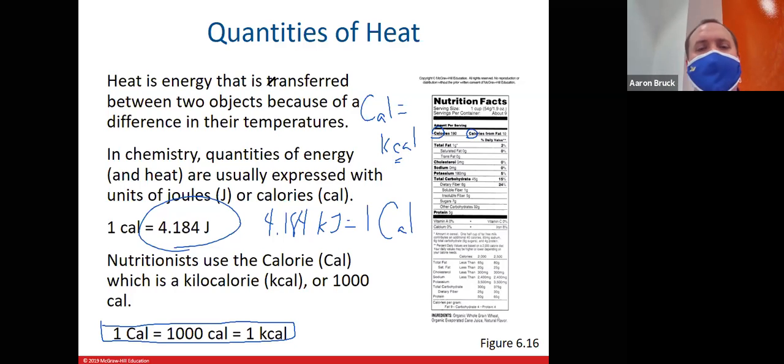So there are ways to bridge them, but where it gets real confusing is the fact that we have 4 units to describe heat transfer. We have joules, kilojoules, calories, and kilocalories. And while they're easy to convert between, they're also very easy to confuse with each other.